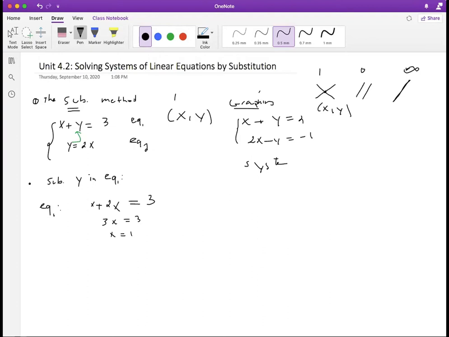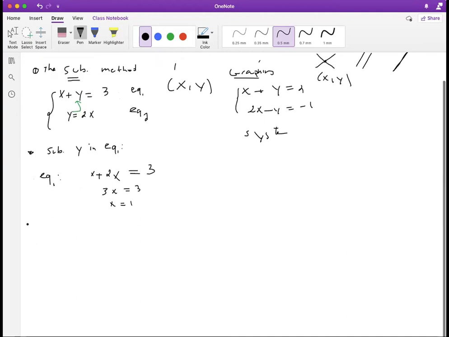So the second part is to find the other variable, to find y. Okay, so find y using x that we just found. When we find one of the variables, it helps us find the other one.